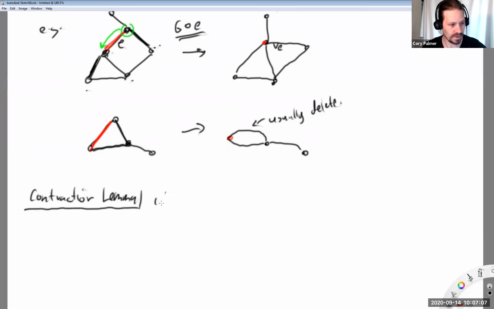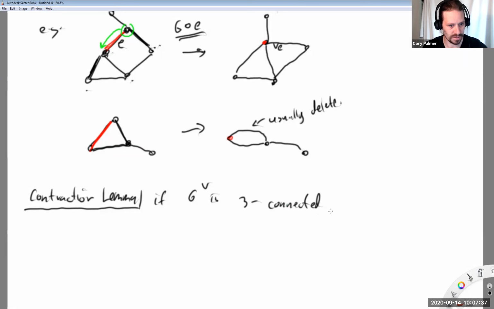So if G is 3-connected, then G has some edge that we can contract and keep 3-connectivity. I need to add something here. Let me just write it.